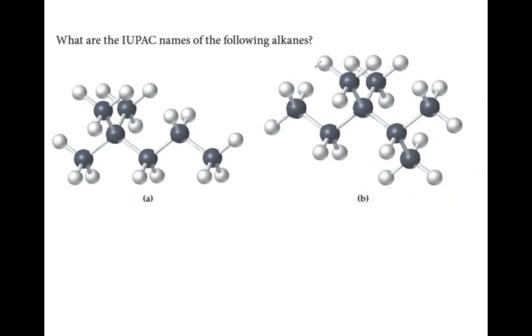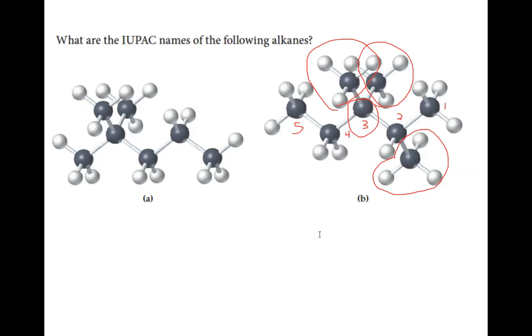Okay, so let's just pick something. Let's just say 1, 2, 3, 4, 5. So pentane, again. Only we have now a methyl group coming off of the second carbon, and then another methyl group and another methyl group coming off of the third carbon right here.